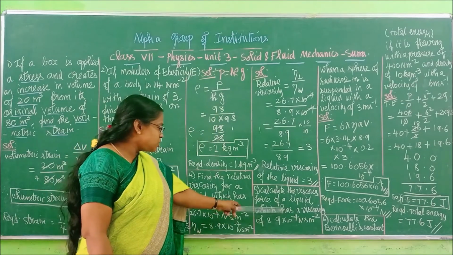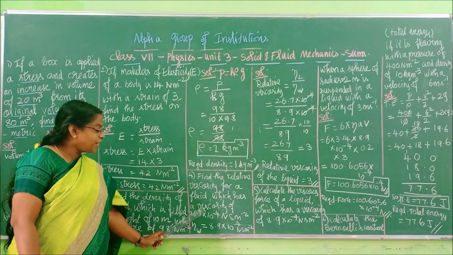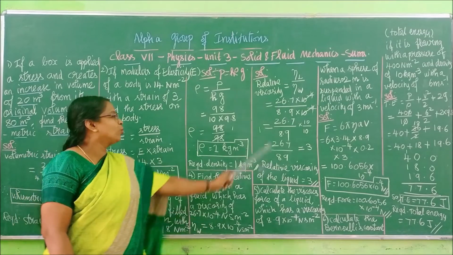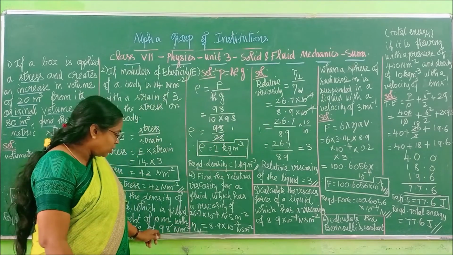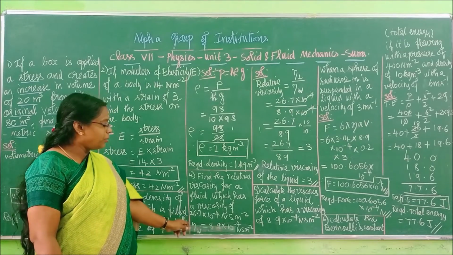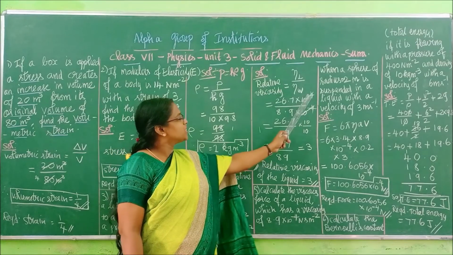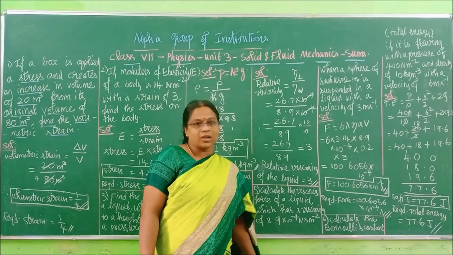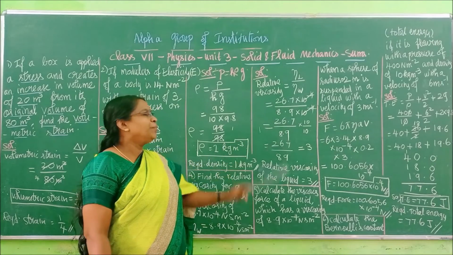Viscosity. The viscosity of the liquid is here. 26.7 into 10 power minus 4. So that I have written here. What is eta of water? Viscosity of water 8.9 into 10 power minus 4. So I have written here. So this 10 power minus 4 and 10 power minus 4 will get cancelled. So I will be getting 26.7 by 8.9.